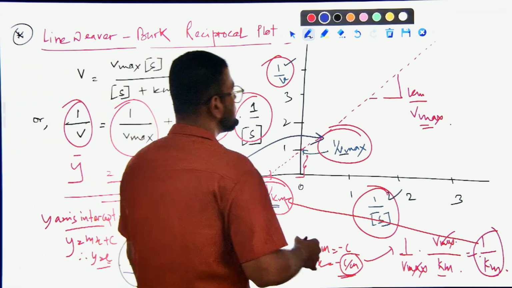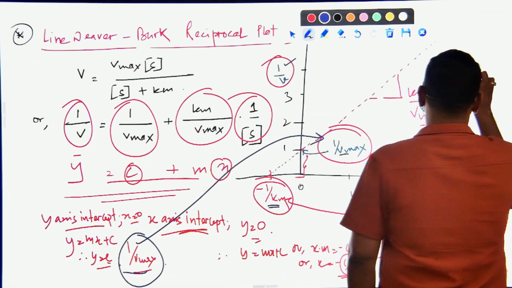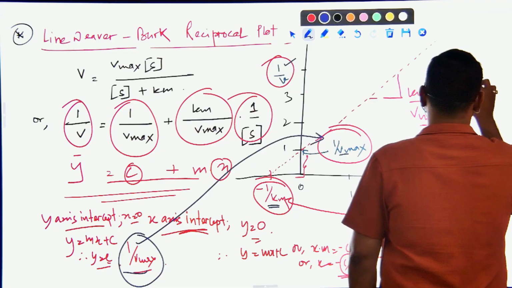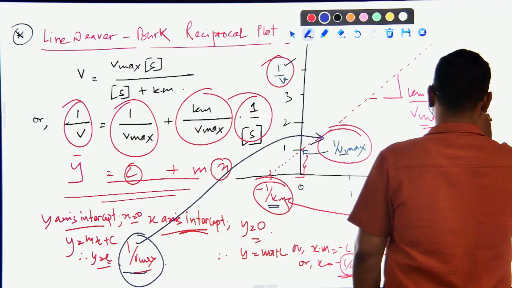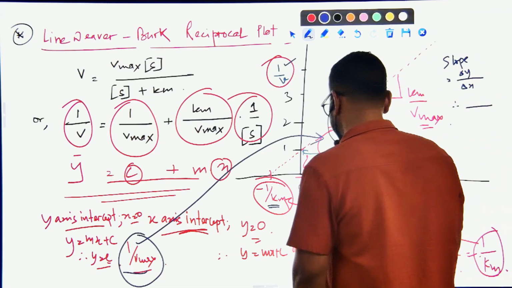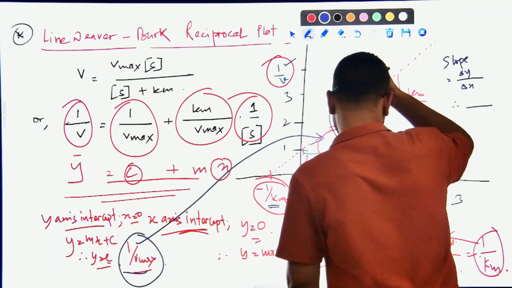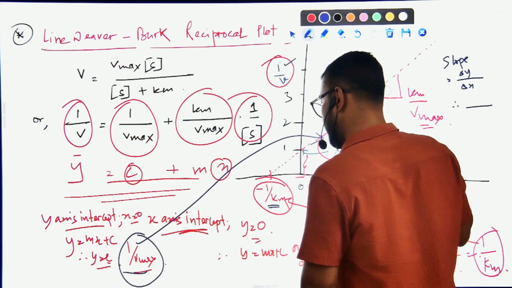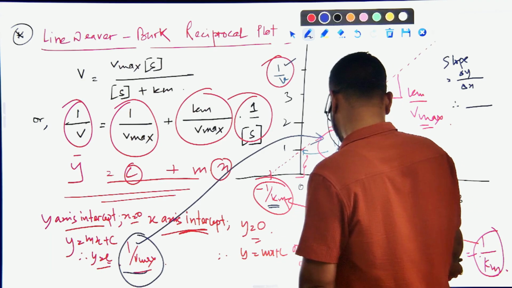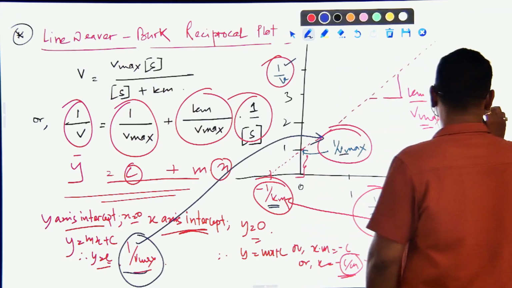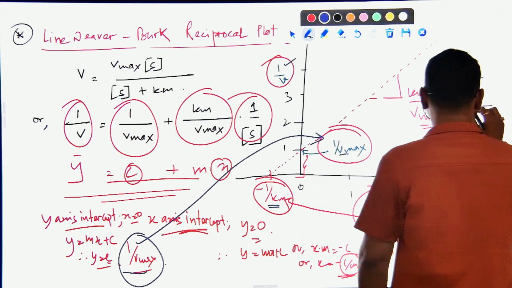Now the slope is delta y by delta x. Therefore, over the x-axis intercept we have 1 by Km, and over y we have 1 by Vmax.